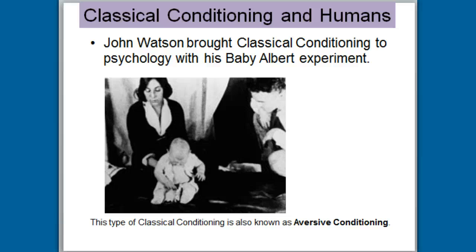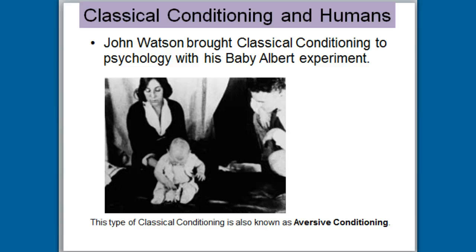But I'll probably be showing you a little film on it in class, a video. But basically, little Albert was a 9-month-old infant. And to make a long story short, Watson was able to actually classically condition phobias into him, starting with, I think it was a rat.